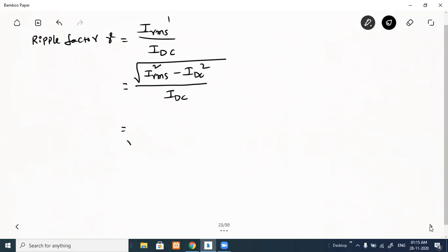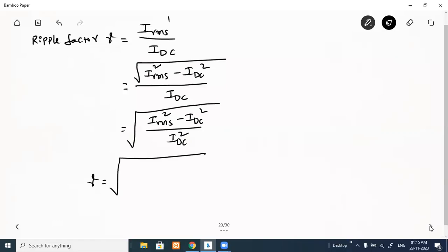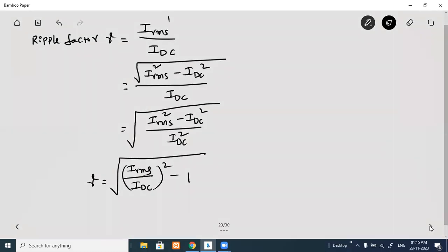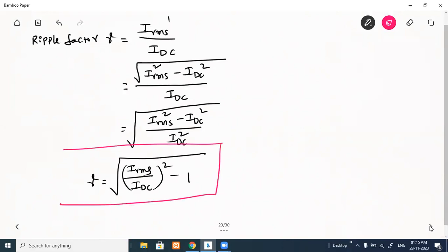So you can write like this: IRMS square minus IDC square by IDC square. So gamma equal to square root of (IRMS by IDC) whole square minus 1. This is the general expression for the ripple factor of any rectifier.